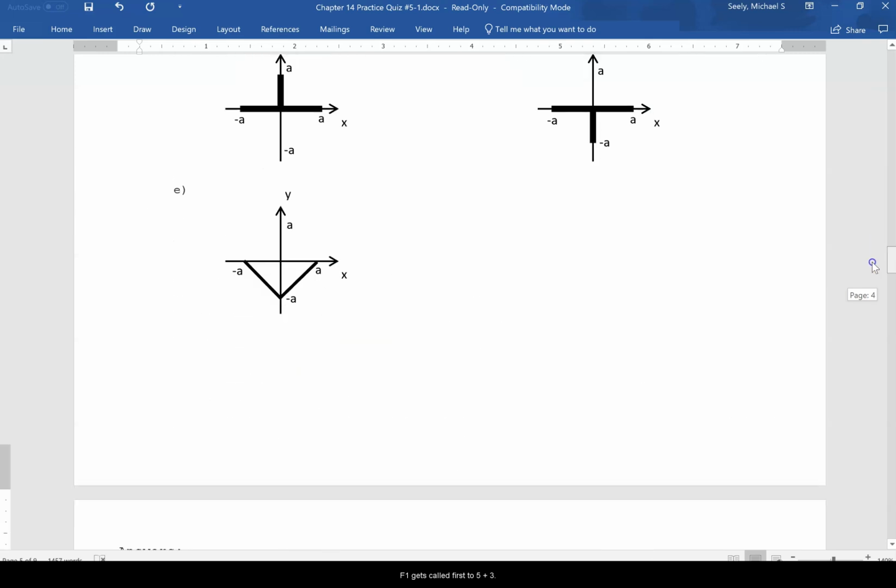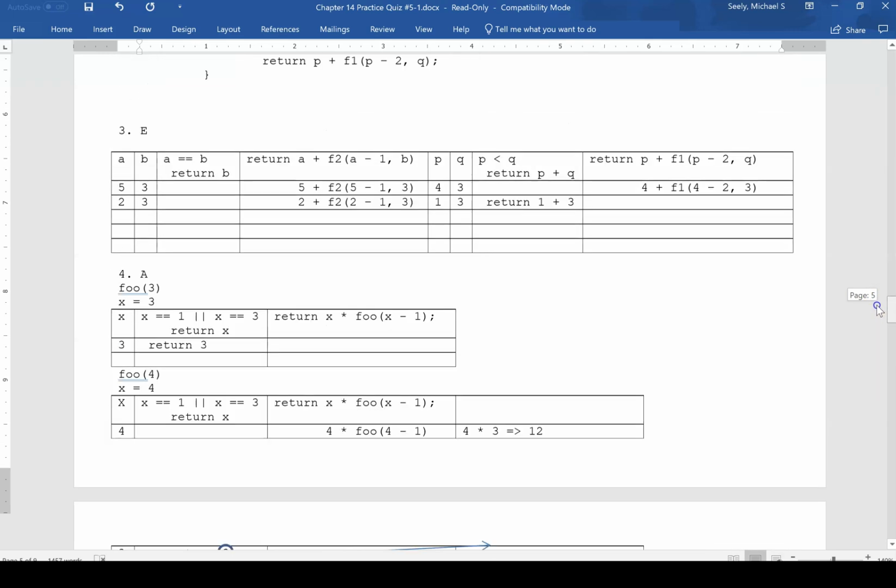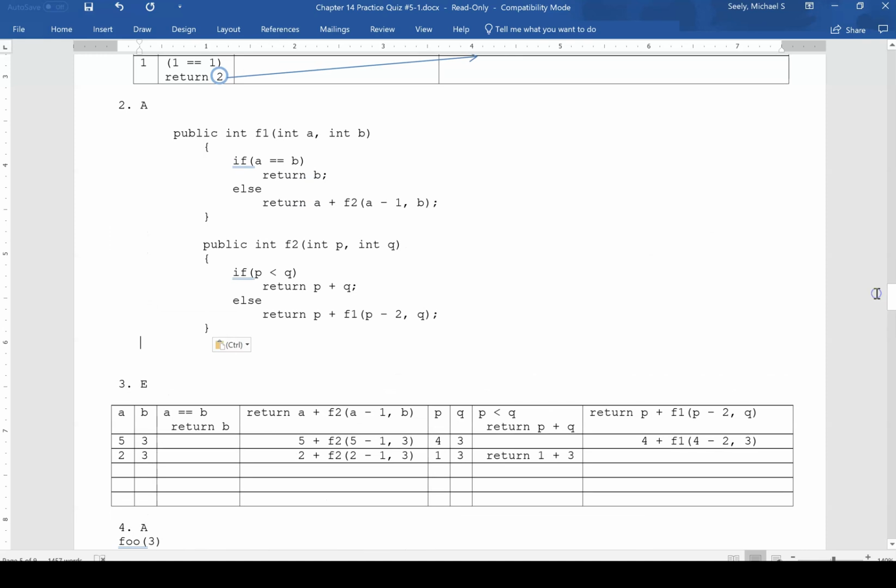F1 gets called first, so 5 and 3. Are they equal? No. So we do this right here, which is 5 plus F2, 5 minus 1 is 3.